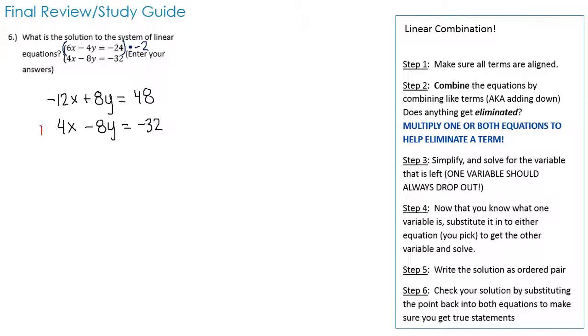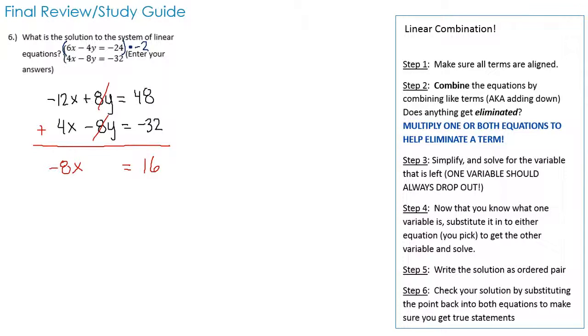Now if we add straight down, we have negative 12x plus 4x, so that gives us negative 8x. 8y minus 8y, those eliminate, is equal to 48 minus 32, which gives us 16.